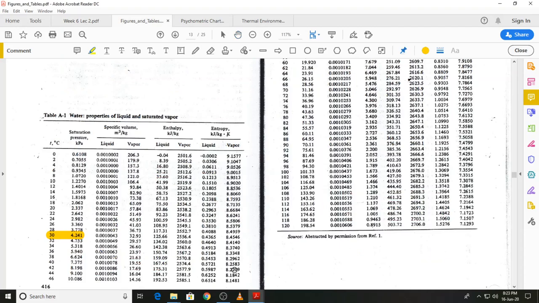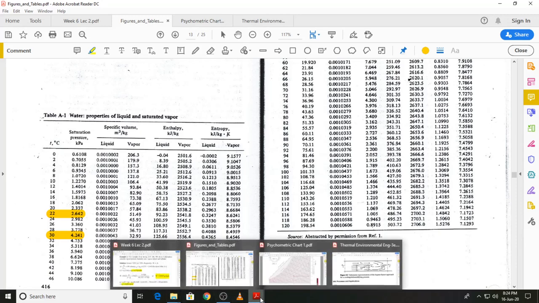Go back to table A1, and at 22°C we find that the saturation pressure, that is Psat, is 2.642 kilopascals.